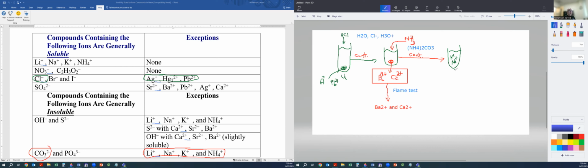And I test those. Now, there's nothing I can add. If I look at the solubility chart over here, all sodium and potassium salts are soluble without exception. So there's nothing I can add to make them precipitate. So these I'm going to have to do a flame test.